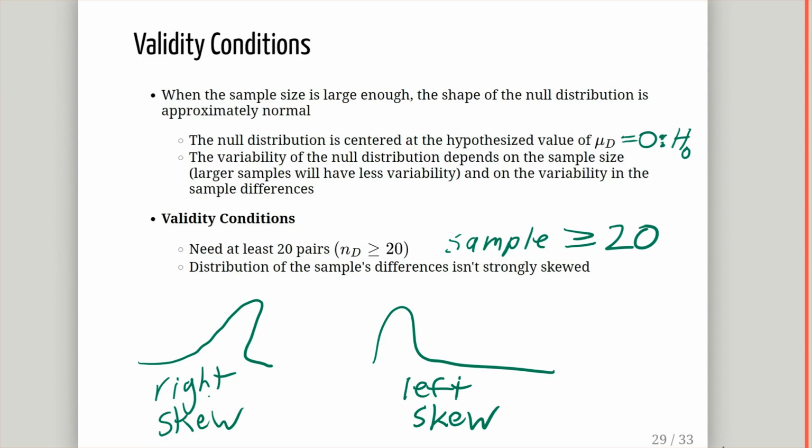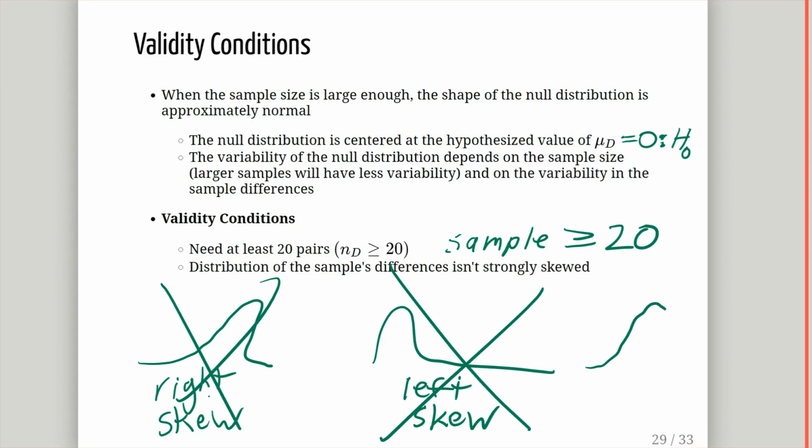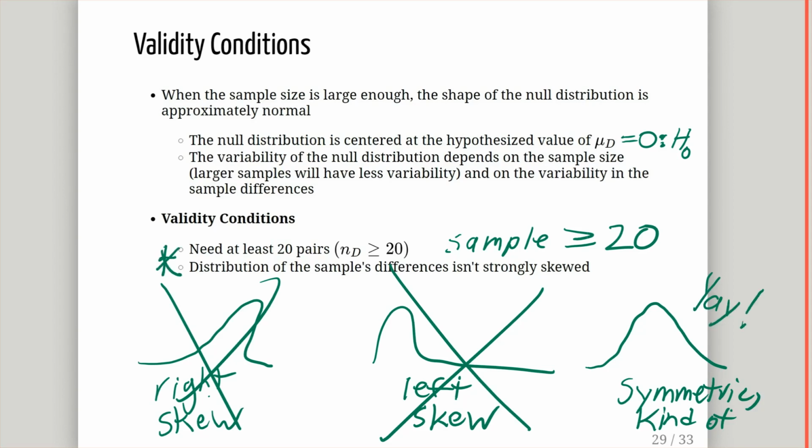Instead, we want a distribution that's about symmetric. Yay. So these two conditions are the validity conditions that need to be met.